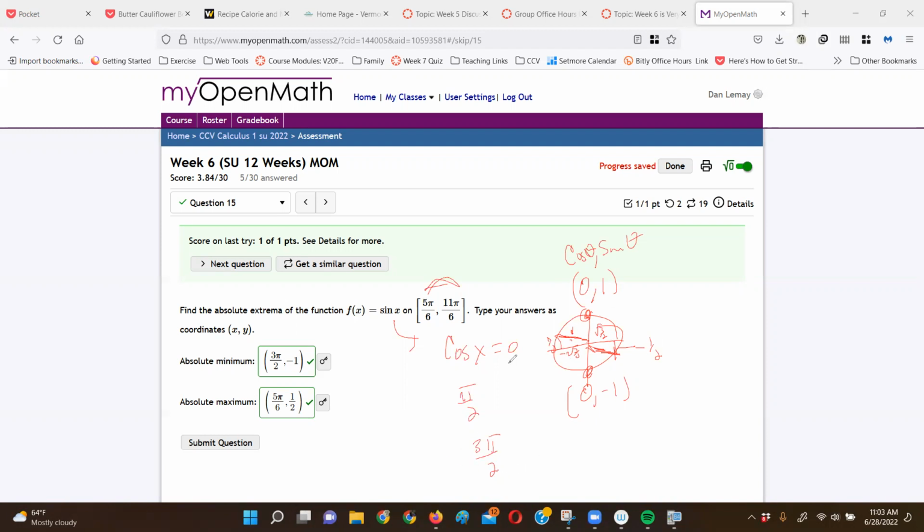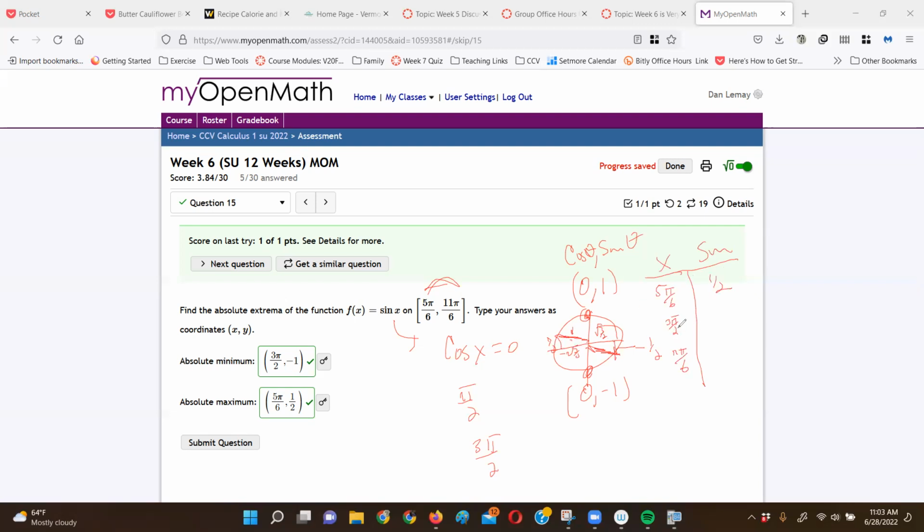So now let's do some evaluating. I've got to do these endpoints, 5 pi over 6. I've got to do 3 pi over 2. I've got to do 11 pi over 6. And what is the sine of each of those? Well, we know the sine of pi over 6 is 1/2, so 5 pi over 6 is 1/2.